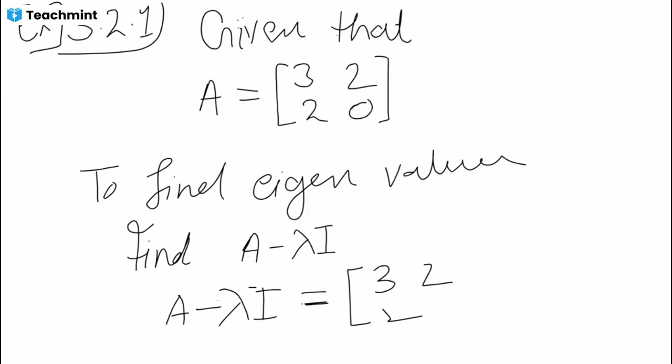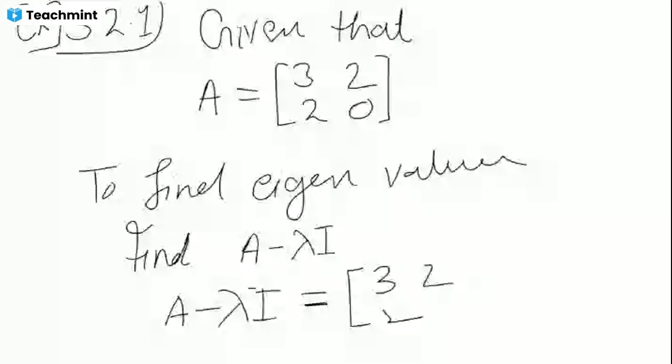So 4x1 plus 2x2 is equal to 0. We can take 2 as a common factor, so 2x1 plus x2 is equal to 0, and 2x1 is equal to minus x2.